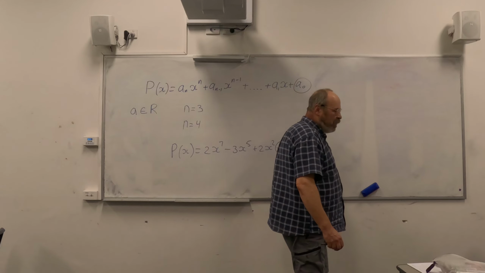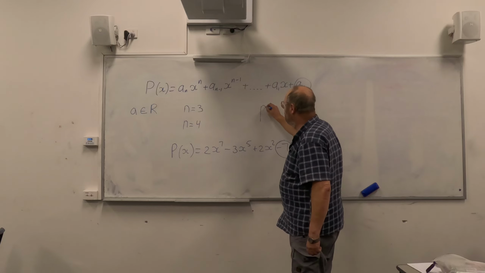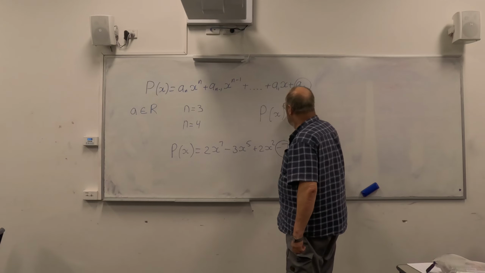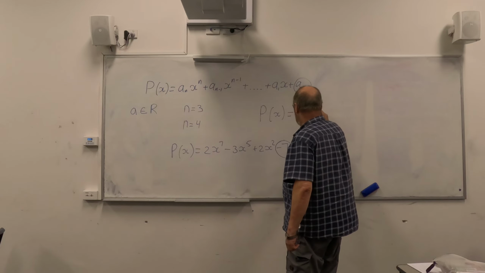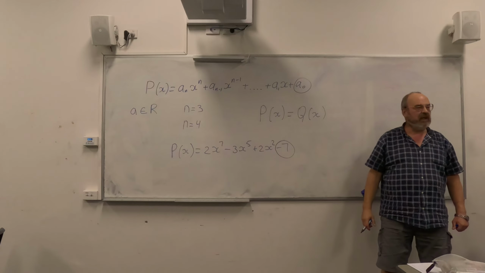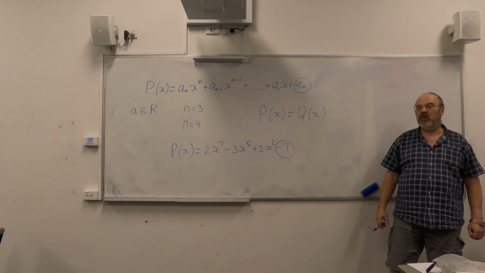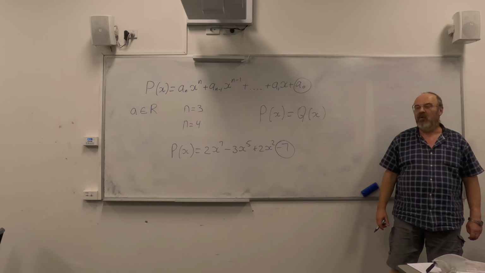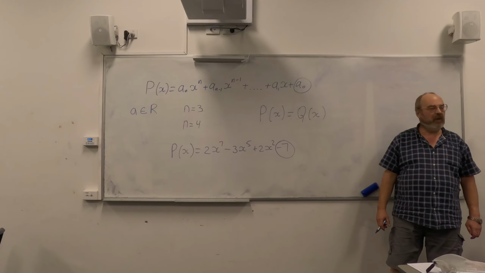Now, two polynomials are equal, let's say p of x equals q of x, because it doesn't have to be the letter p, if they have the same degree and all coefficients of the corresponding powers are the same.